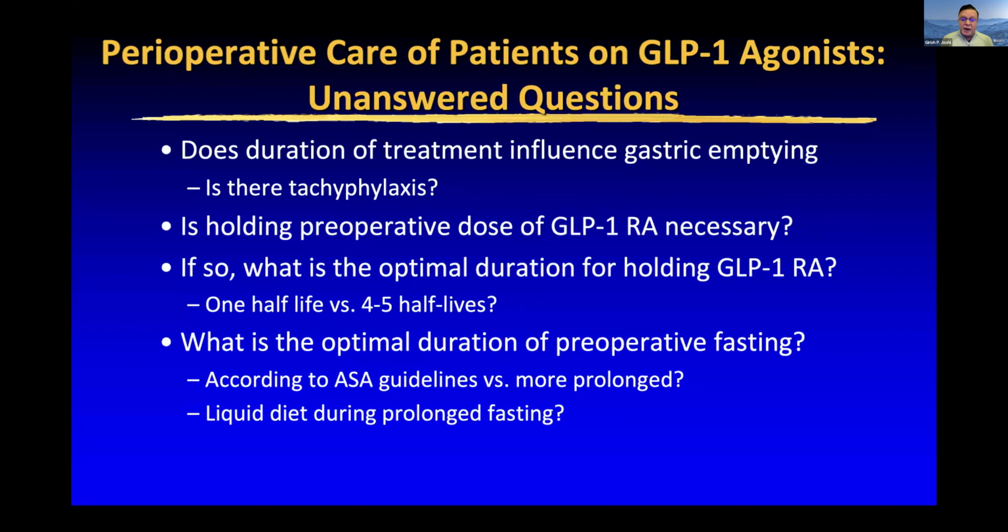The problem with 4 to 5 half-lives is, obviously, we know that if you stop the drug for 4 to 5 half-lives, it will be completely eliminated from our body. However, do we need that drug to be completely eliminated from our body to have the effects on gastric emptying negated? We don't know that.